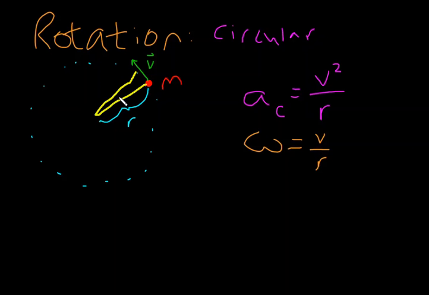And it's going to move through an angle theta. And we want to know how omega is measured. Omega is the rate of change of the angle. This is going to be measured in radians per second.